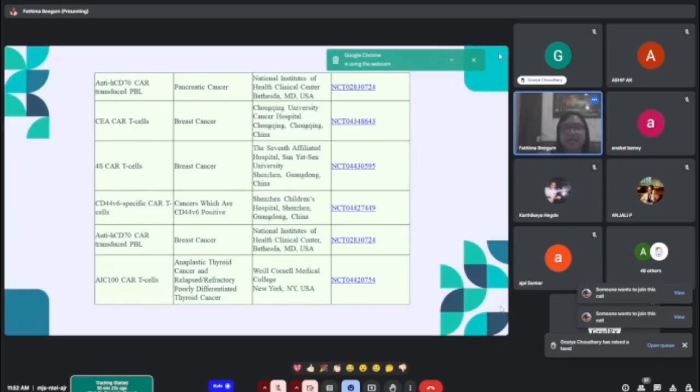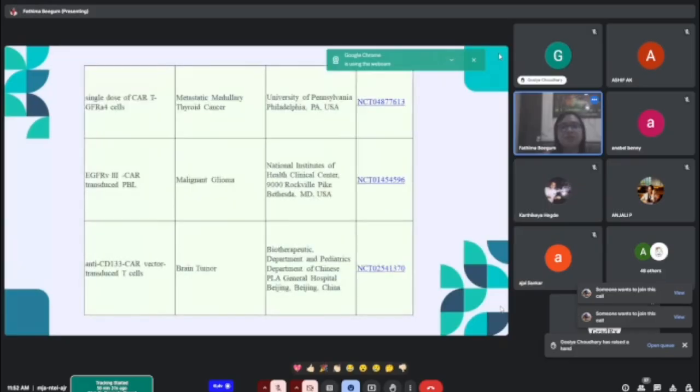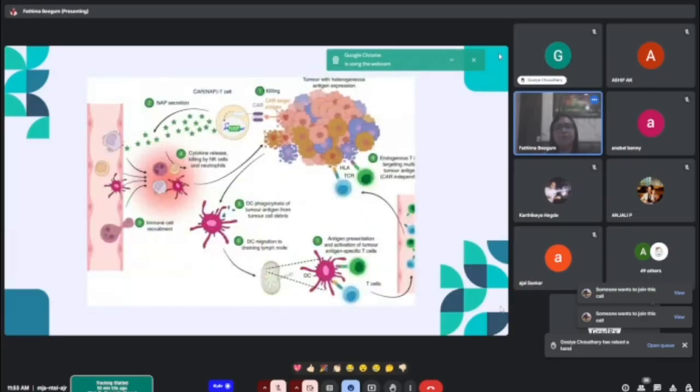Thyroid cancer also studies are going on. For thyroid cancer, GFRA4 antigen-directed CAR cell therapy is going on. Then a CD133 CAR vector was constructed for brain tumors, for gliomas. That also studies are going on. FDA has not approved the final drug, it hasn't come yet, the clinical trials are going on.